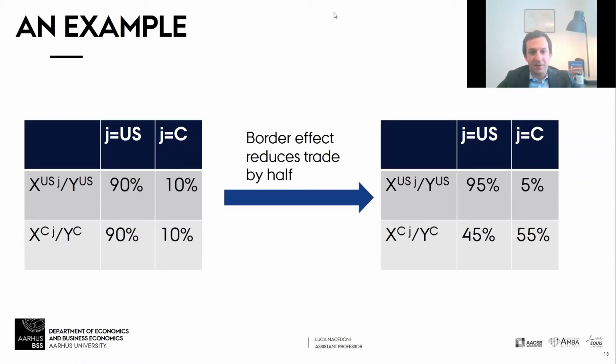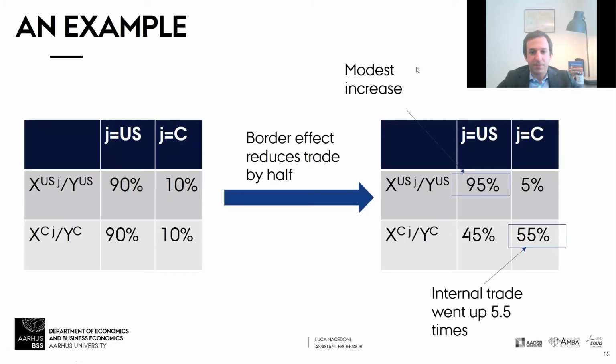So what does that mean? Well, that means that there is the effect of the border. The effect of the border is that it reduces trade by half. But when we look at the domestic trade flows, what we see is that the domestic trade flows of the US increase very, very limitedly, whereas there's a ridiculous increase in the case of Canada.